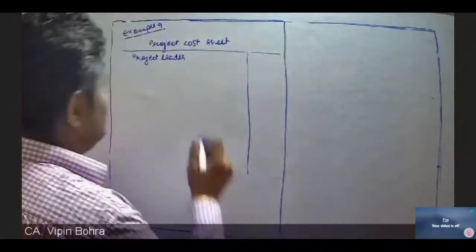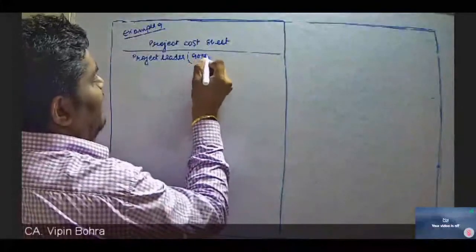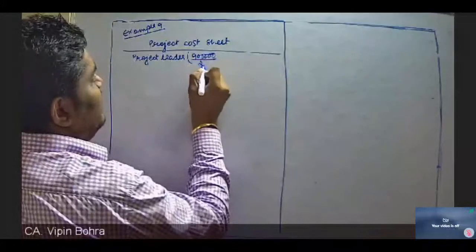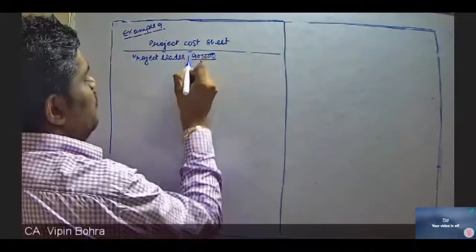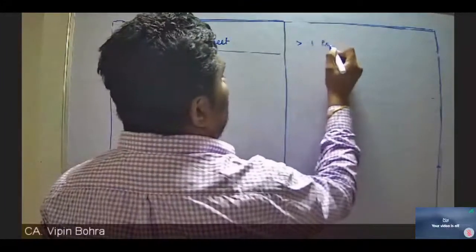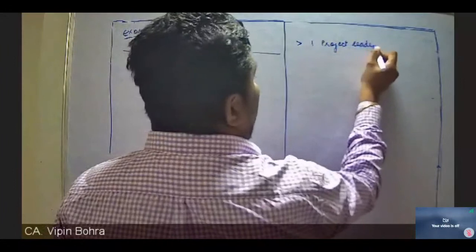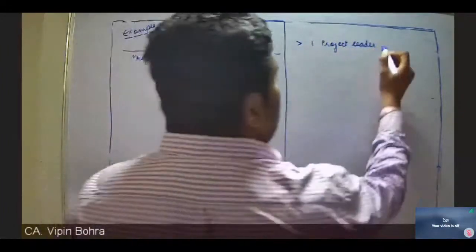So total salary to project leader is how much? 9 lakh. And there are 2 project leaders, so divided by 2 project leaders is only one project leader. How many persons were involved? One project leader, for how many months? 6 months.